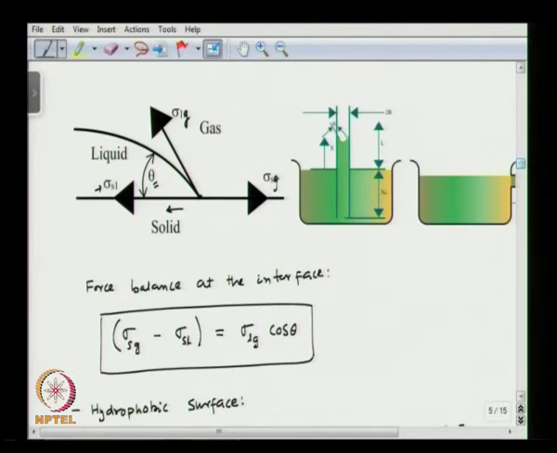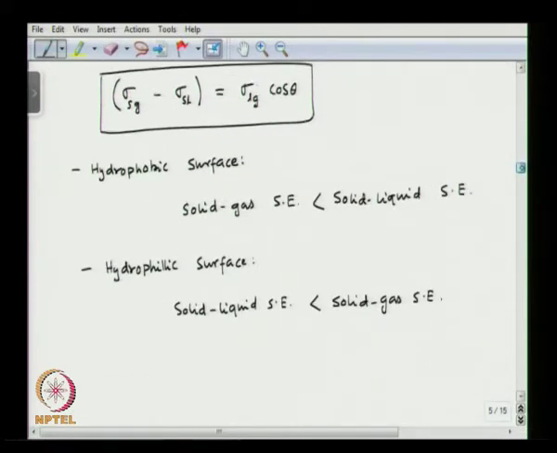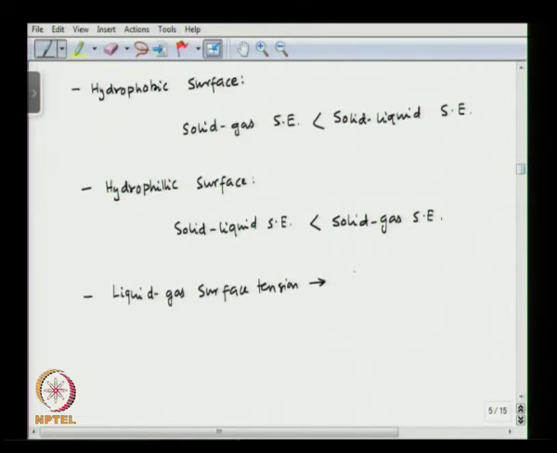As you can see, in a vertical tube put in a liquid bath, if we do a force balance at the interface, the liquid gas surface tension can be determined by a capillary rise experiment.